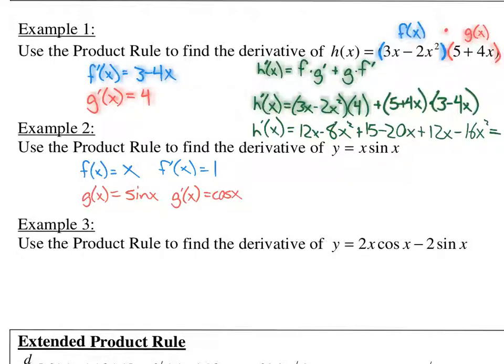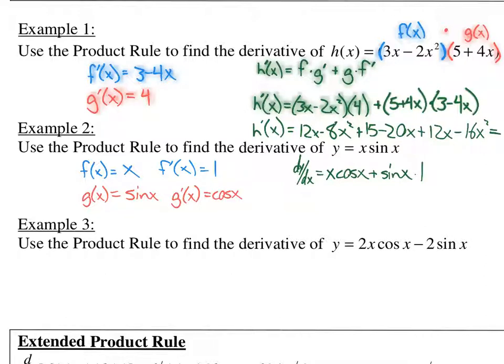So now, again, we can use the product rule to find, in this case, dy dx. F g prime, so f is x, g prime is cosine x, plus g times f prime, so sine of x times 1.